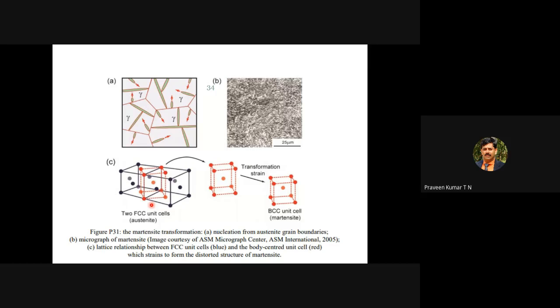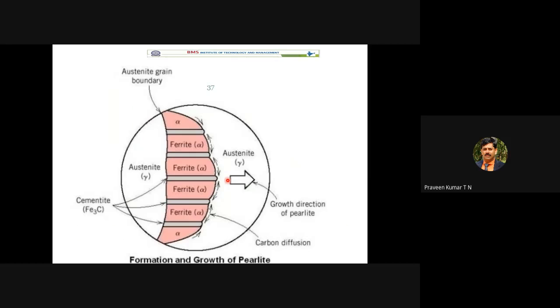Because of the movement, the atoms will rearrange themselves, either from FCC to BCC or BCC to FCC, depending upon whether you are cooling or heating the solid steel. Now we can see here during this process, we will get alpha, ferrite.